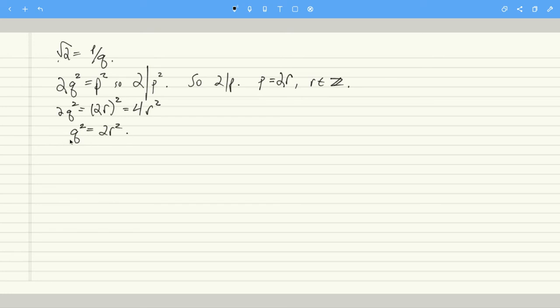Now q squared is even, so q is even. In the same fashion, you can write q equals 2s, where s is an integer. Now p is 2 times an integer and q is 2 times an integer, so they have a common factor of 2, and that is a contradiction, because we assumed that p over q is in lowest terms.